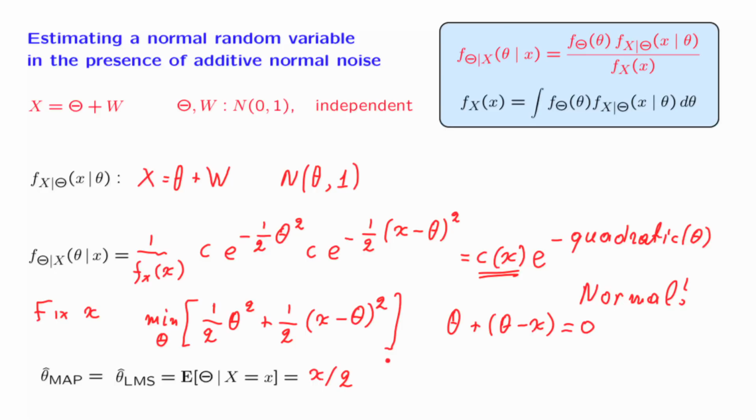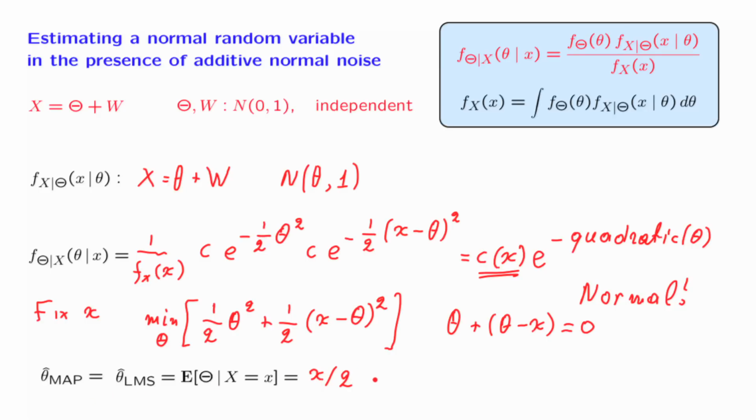So our estimate takes into account that we believe that theta is 0 on the average, but also takes into account the observation that we have made, and comes up with a value that's in between our prior mean, which was 0, and the observation, which is little x. So this is what the estimates are.